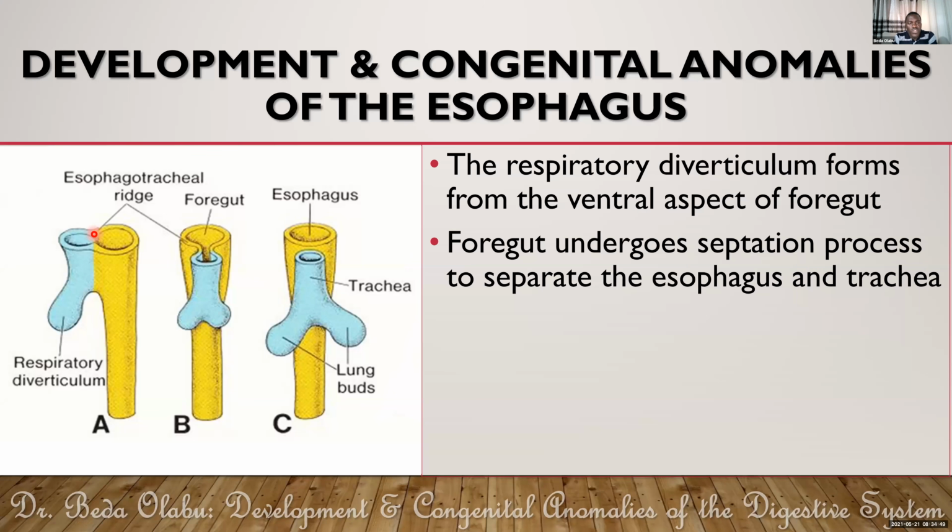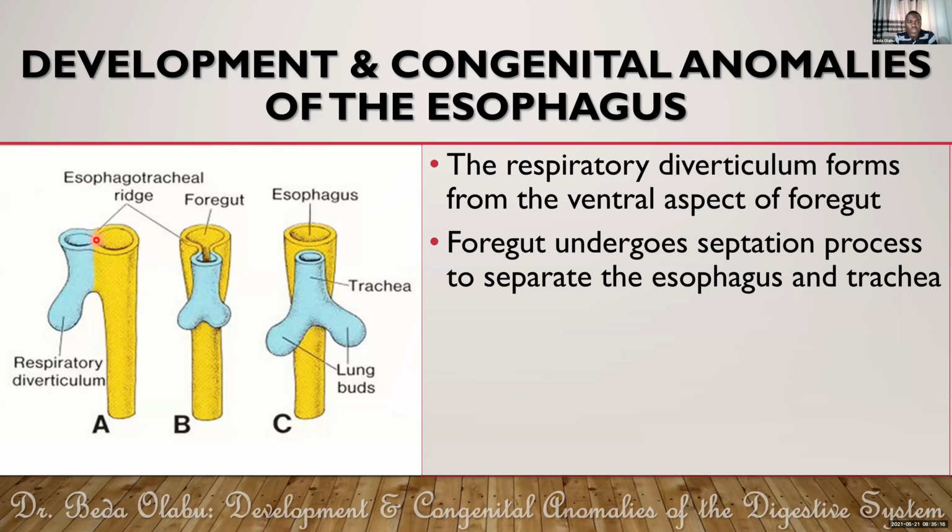The tracheoesophageal ridges grow towards each other and form a septum. The septum they form is known as the tracheoesophageal septum. So the tracheoesophageal ridges develop towards each other to form the tracheoesophageal septum.